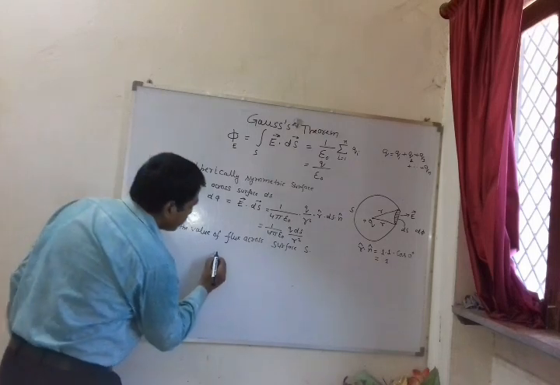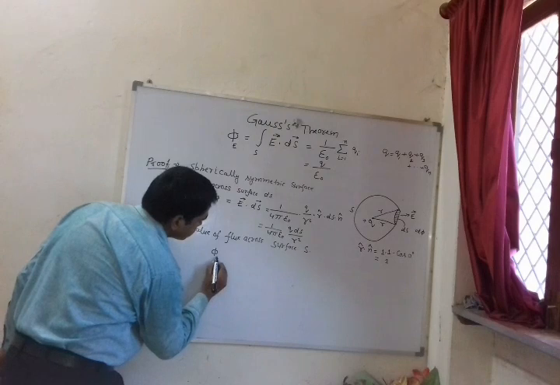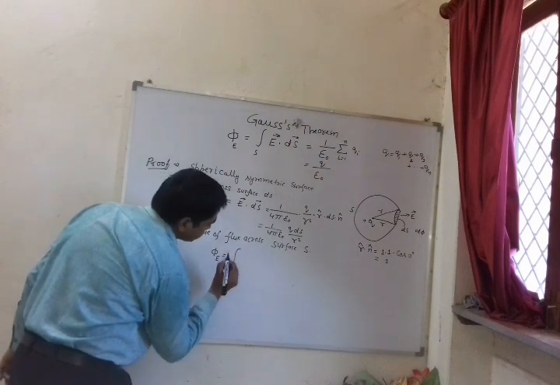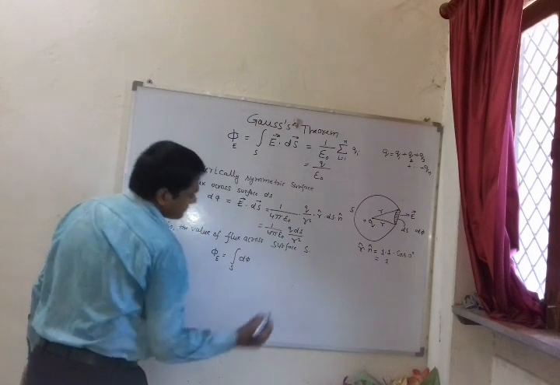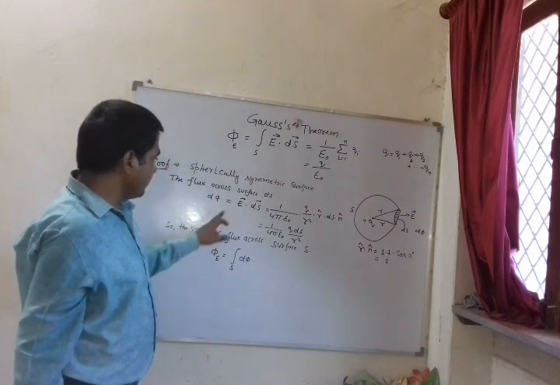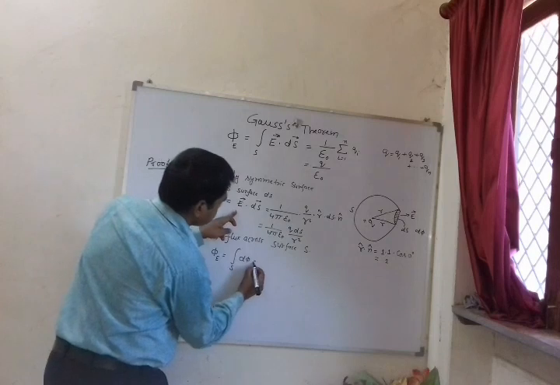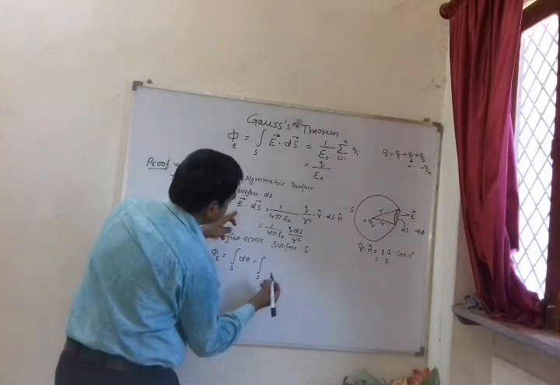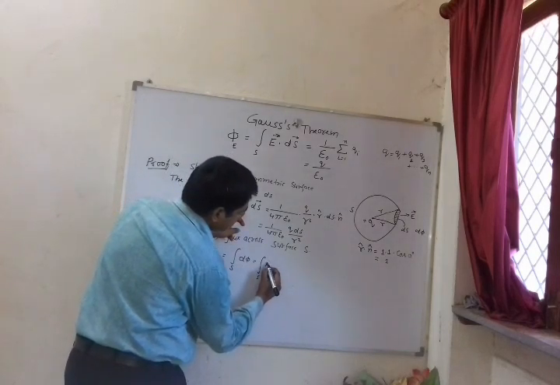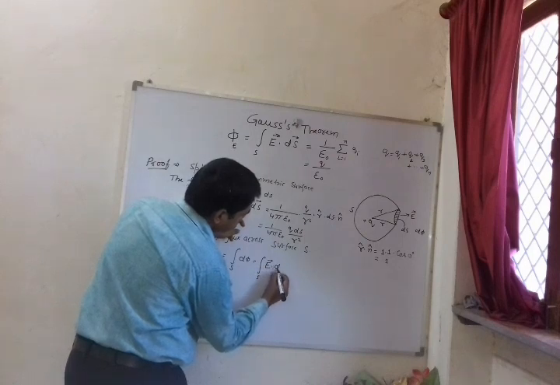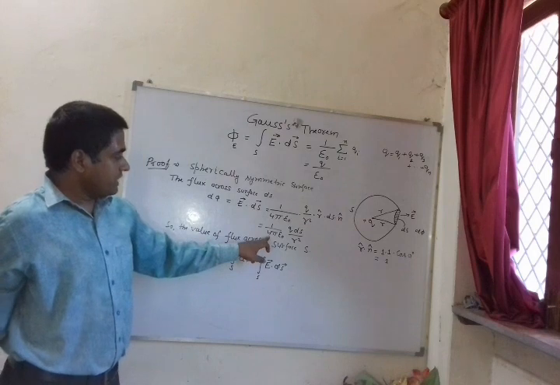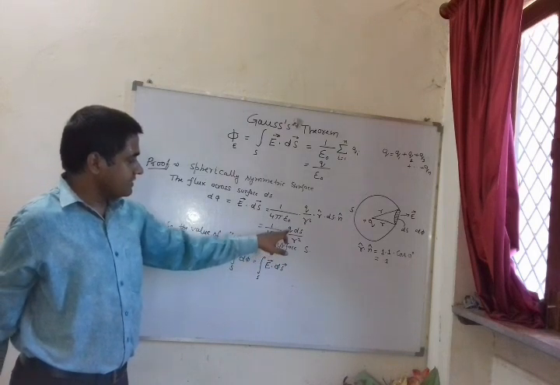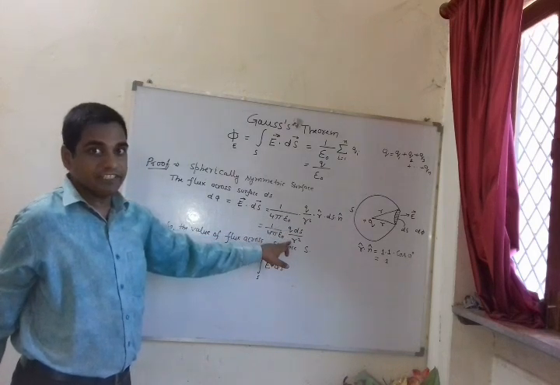Now integrate: phi e equal to surface integration of d phi, and that will be equal to surface integration of E ds. Put down the value: 1 upon 4 pi epsilon naught q upon r square is constant.